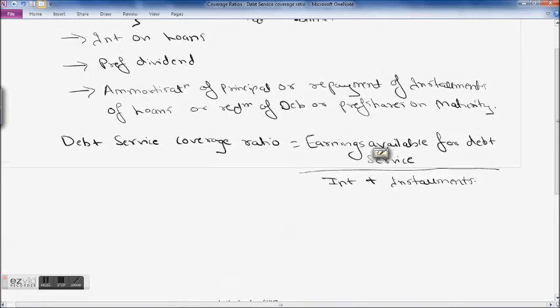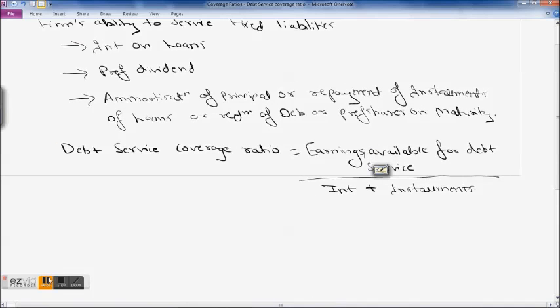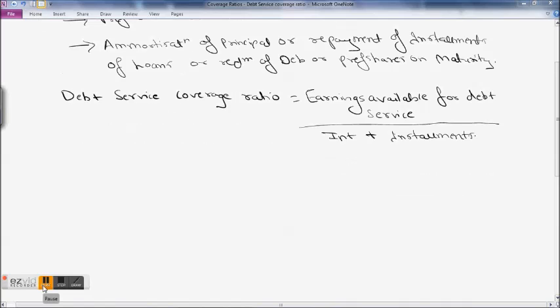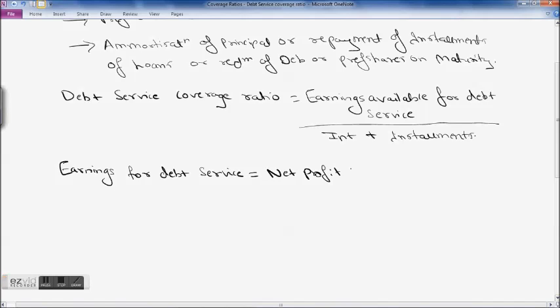Now let's calculate what is earnings for debt service. Earnings for debt service is equal to your net profit plus non-cash operating expenses like depreciation or amortization.